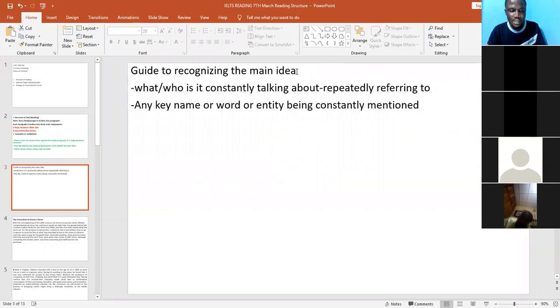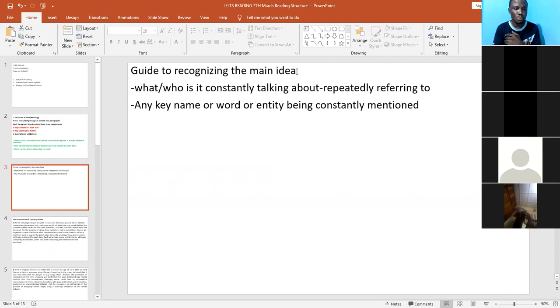You need to find the central person, the central theme, or the central concept that the whole paragraph is talking about. And sometimes any key name, word, or entity being constantly mentioned will help you. It will seriously help you.